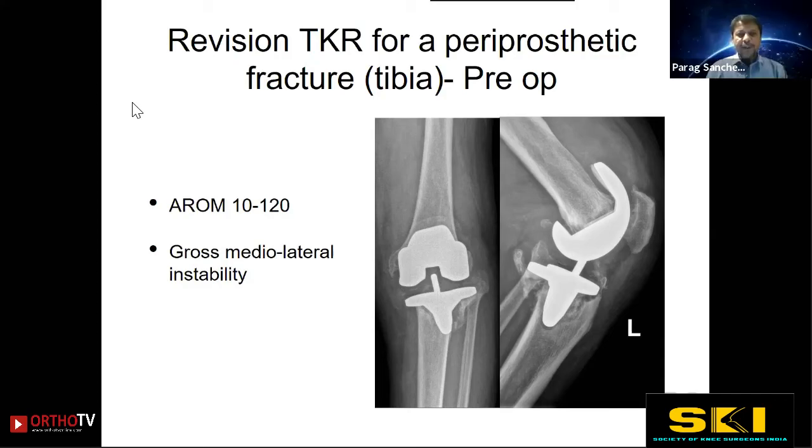Yes, so I was assuming that the MCL would not be there, especially on the tibial side. The MCL is not there here, that's a point. Can I come in, please? Yes. It looks pretty dicey because there is nothing on the metaphyseal side. It's almost like you would be doing a proximal tibial replacement in a case like this.